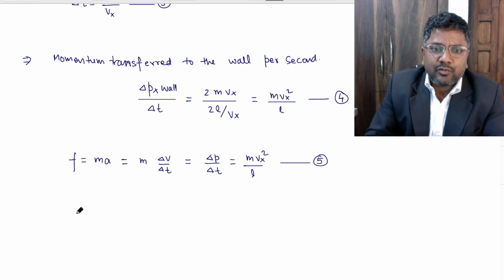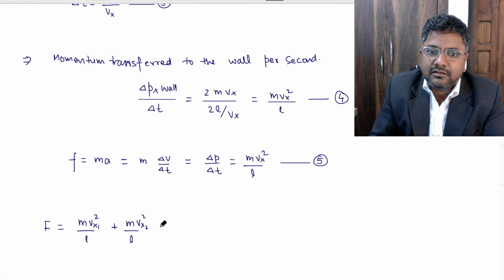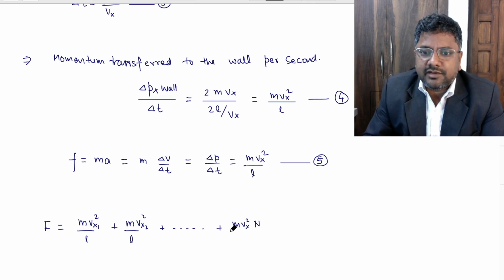So the total force for N molecules we can write here: F is equal to m vx1 square by L plus m vx2 square by L plus ... m vxN square, where N is the number of molecules, divided by L. If you take the sum of all these, this is equal to capital N m vx square by L, right?